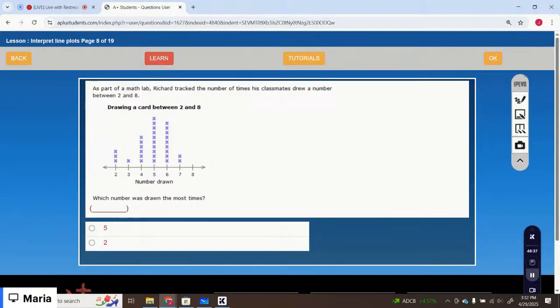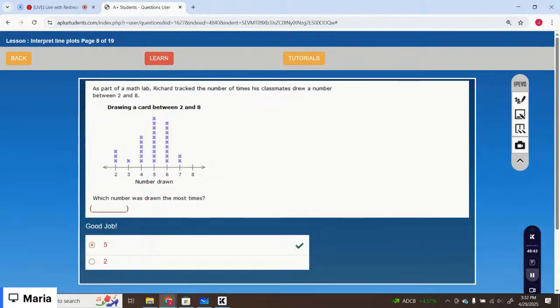The most is 5. Option number one is the correct option. 5 is the number that is drawn the most times.